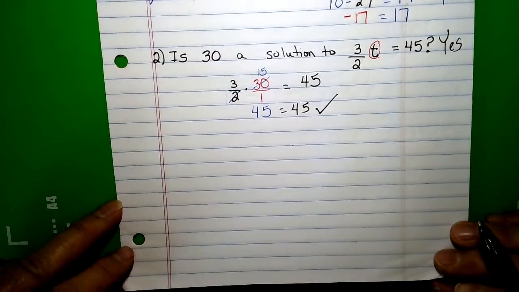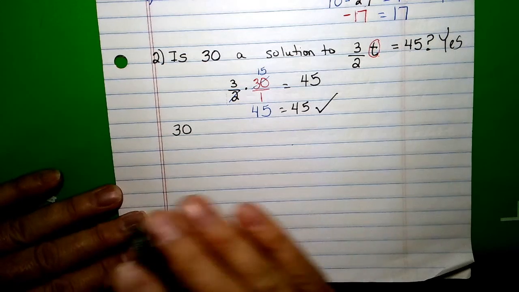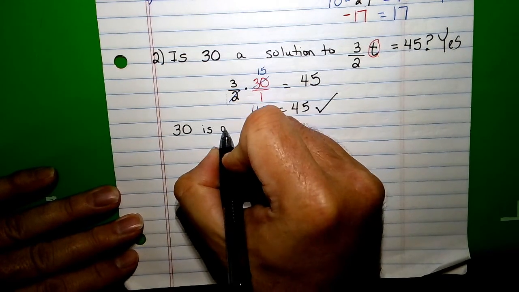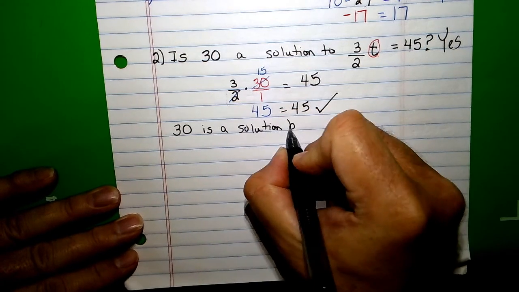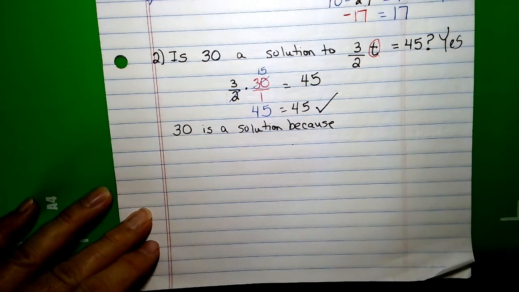And just to make sure you're following this, let me write out a sentence to explain it. 30 is a solution because why? Why is 30 a solution?